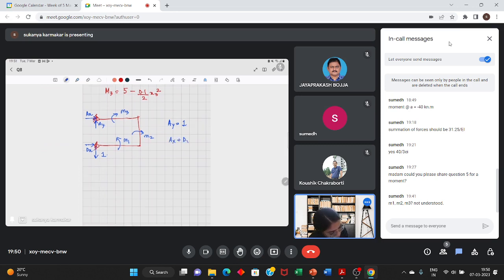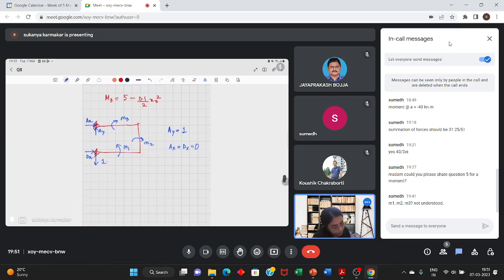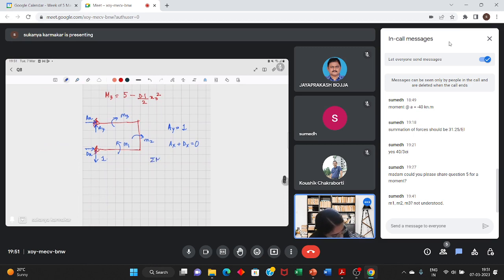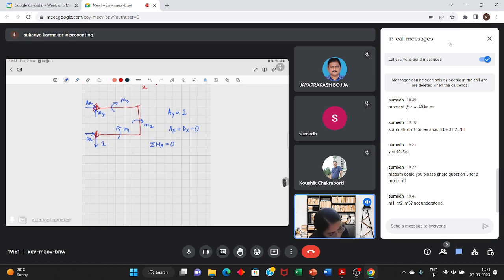Ax plus dx is equal to 0. Now take moment about point A to be 0. From here dx is equal to 0, so ax is also equal to 0.